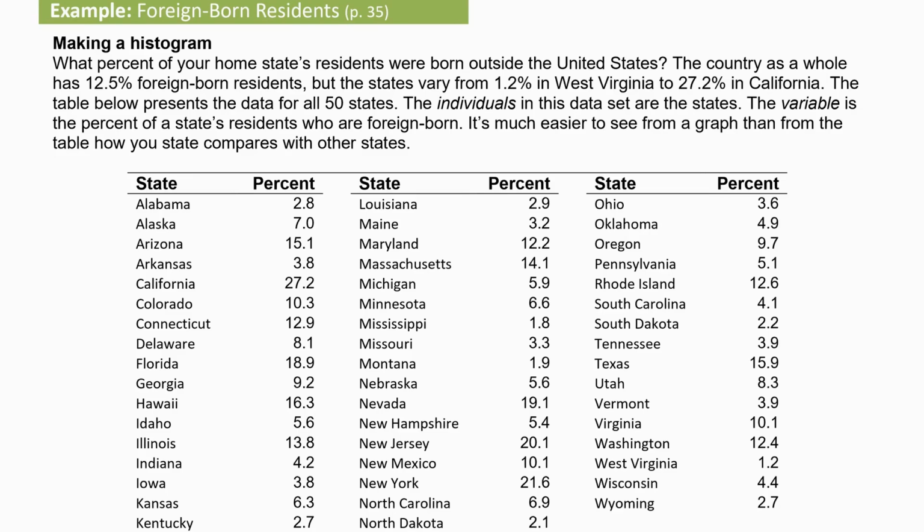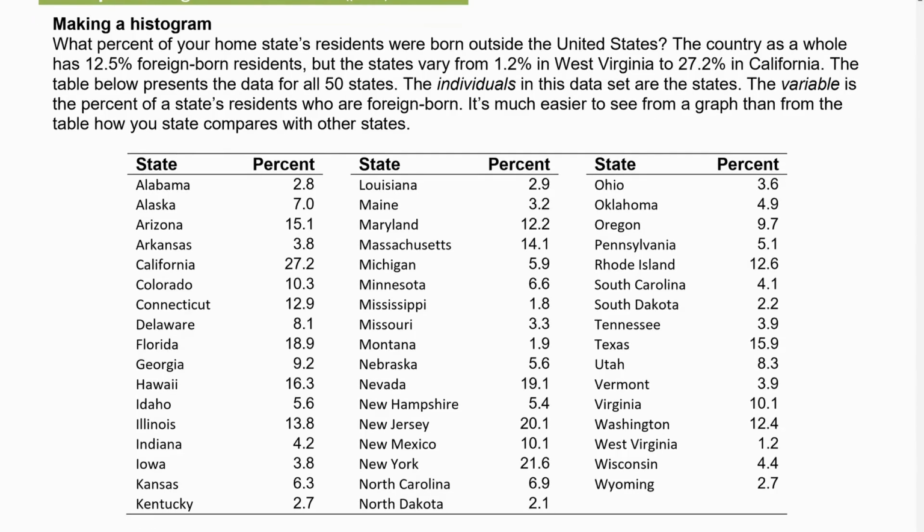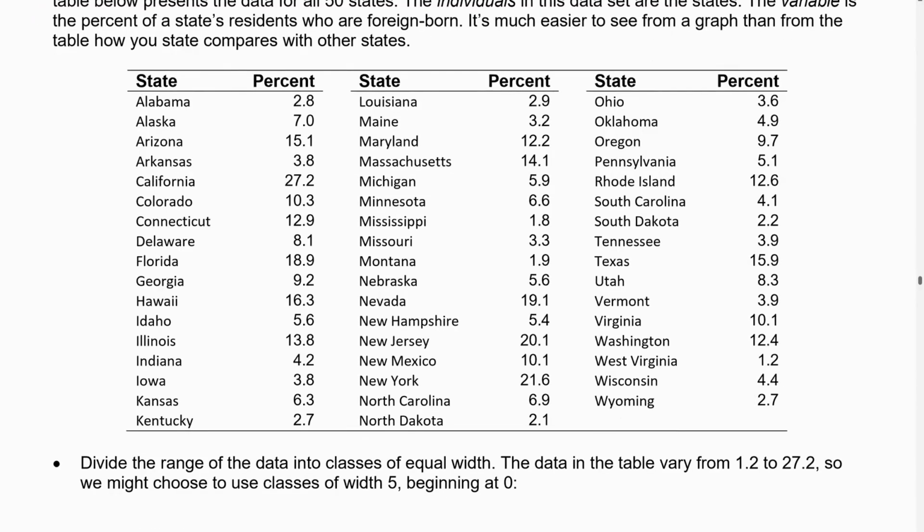Now, this data can be overwhelming, but what we'd like to do is organize it by putting each state into a particular class, and then count up how many states end up in each class. Because they range from 1.2% to 27.2%, one way to break up this data is to go in classes of width 5, starting at 0.